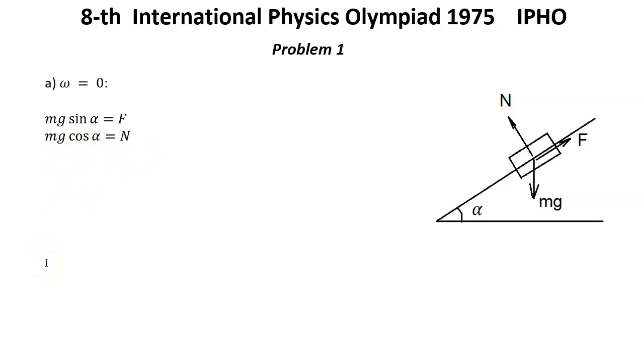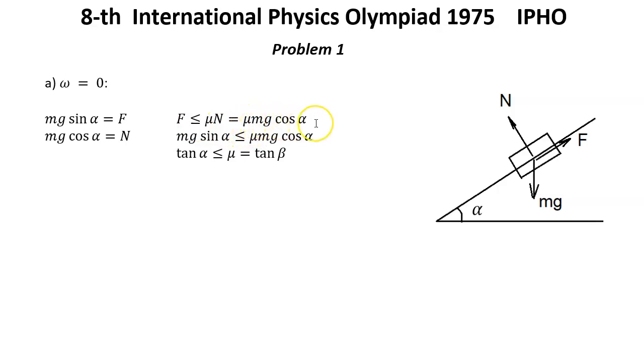In our case, force of friction must be less or equal to mu N. So it means that force of friction must be less or equal to mu mg cosine alpha, and we can combine these two equations to find that tangent alpha must be less or equal to mu, which is tangent of a critical angle beta.